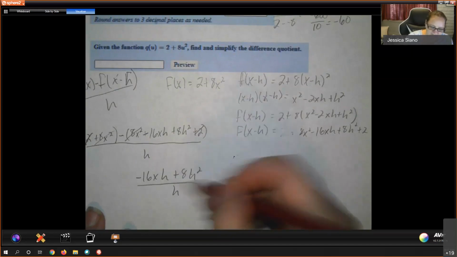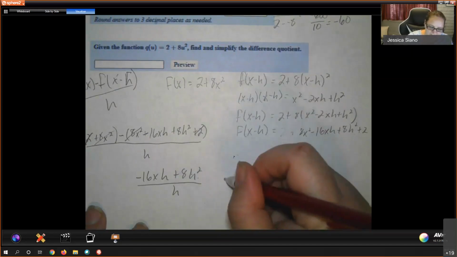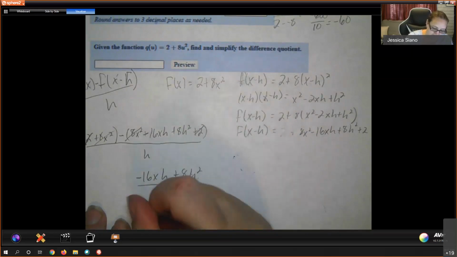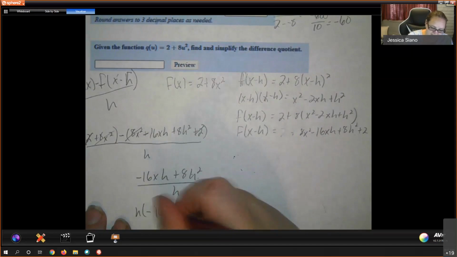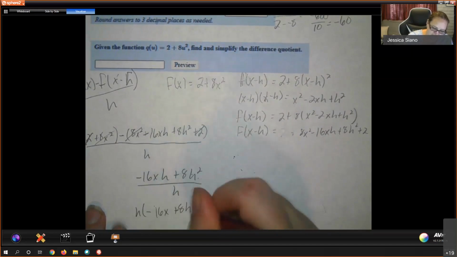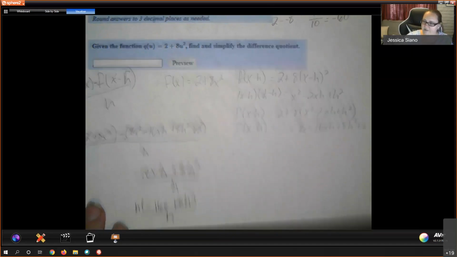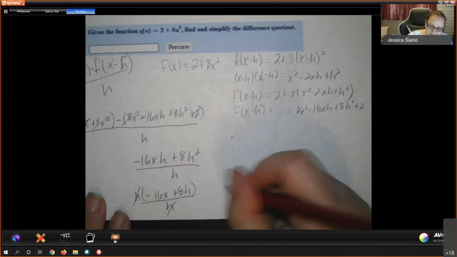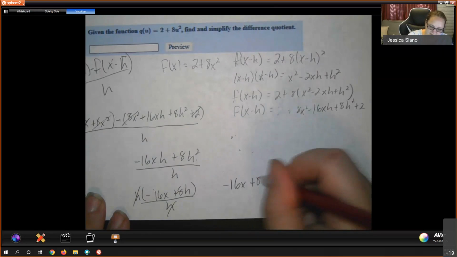So I can GCF an h out of these, and it would be h times negative 16x plus 8h divided by h. So then your final answer is negative 16x plus 8h.